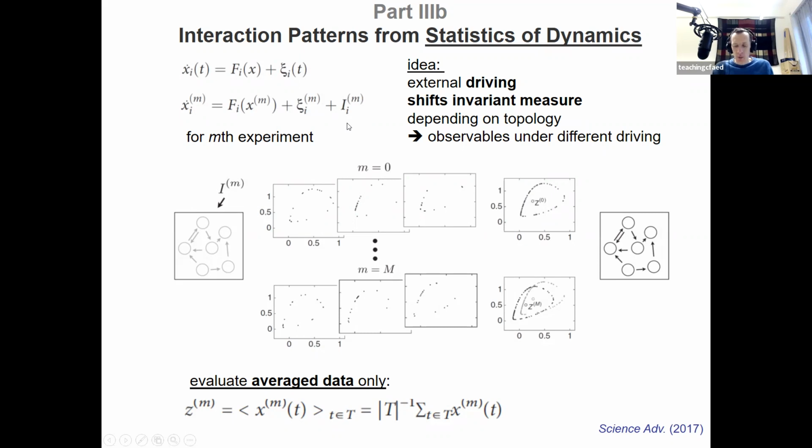And now what we argue is that this might behave similarly to a system which has a fixed point here, and you drive it with a signal. So this idea maps the problem of having only the statistics of time series to an inference problem where you can deduce topological features under certain conditions. This work is also with Jose and with Monica, who is now at Hebrew University.